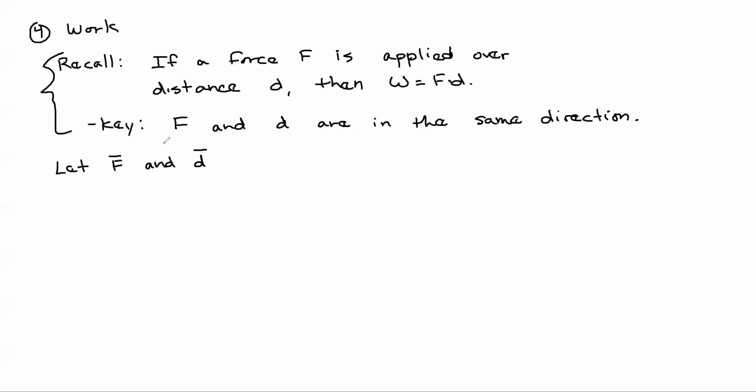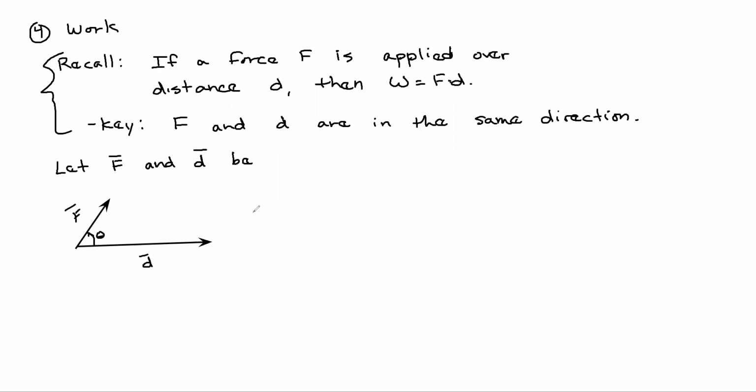So in that case, it would be given by the following picture. So we've got here's F, and it's applied off at an angle like this, and then here's D. This is the distance over which it's applied, right? And we've got angle theta.